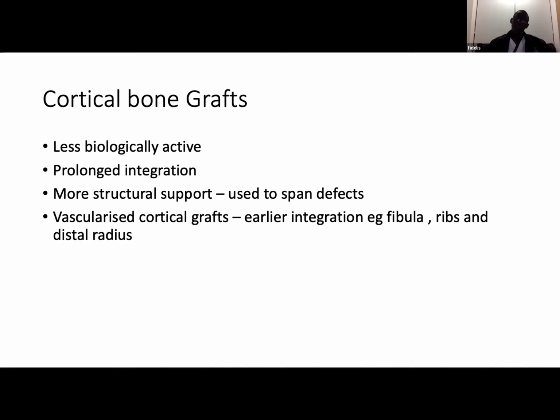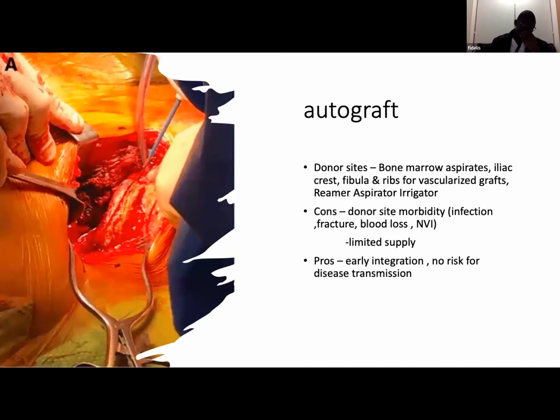And then a little bit about these autografts. There are pros and cons to using autograft, and the biggest thing is donor site morbidity. Depending on where you harvest the autograft, there are complications that you get in the acute phase and then long-term complications.